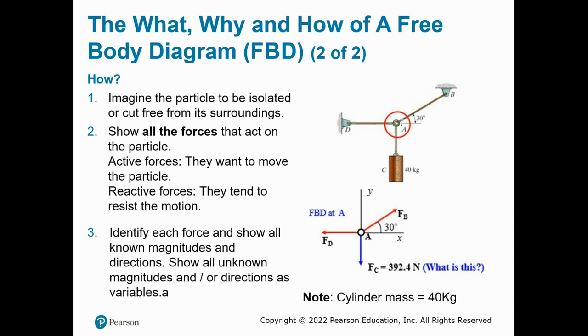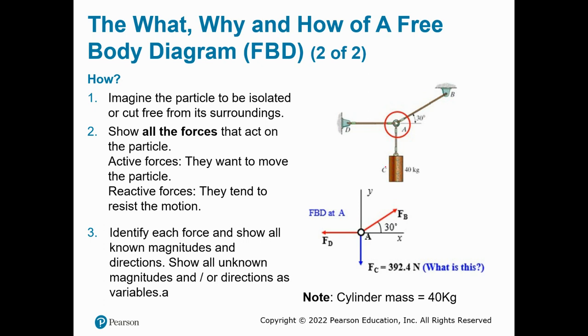I also have this cable AB with a tension FB pulling the particle toward the upper right corner. And then the weight of the cylinder is pulling particle A down; the amount of force pulling down from the cylinder will be the weight of the cylinder.